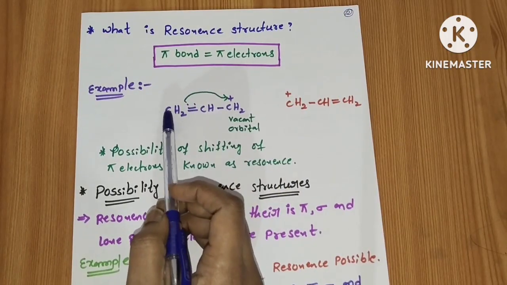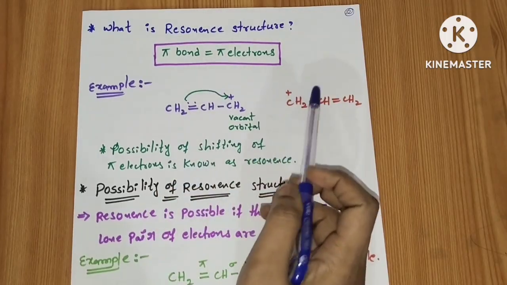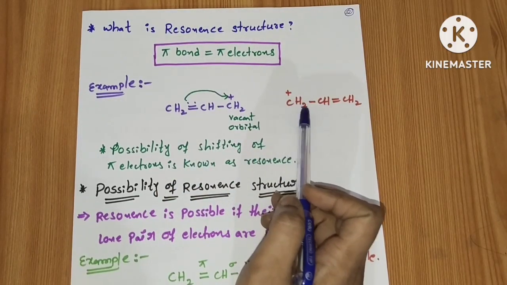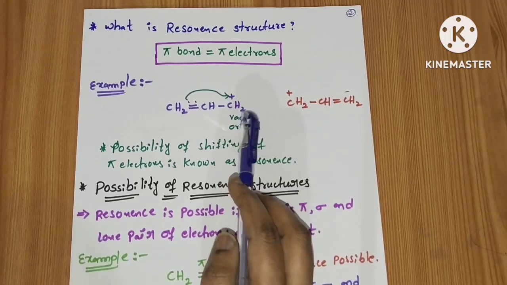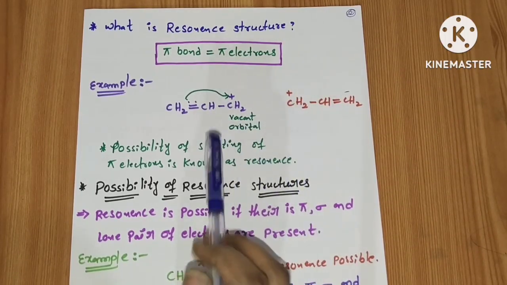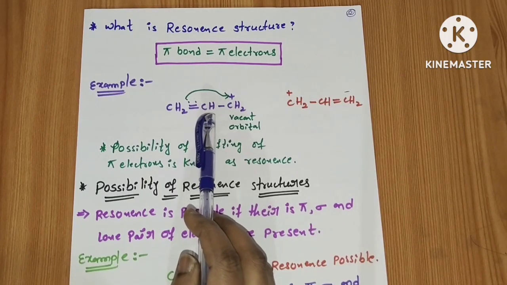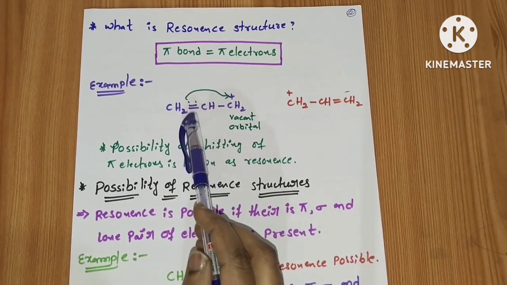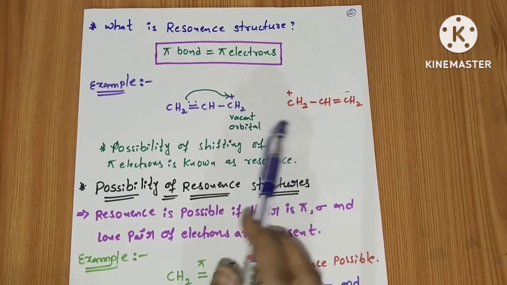Here the first carbon has lost one pair of electrons, so a positive charge will appear on it. While this third carbon gains electrons, so a negative charge will appear on it. Remember that this second carbon has neither gained nor lost any electrons, so it remains as it is. Now this structure and these structures are known as resonance structures.